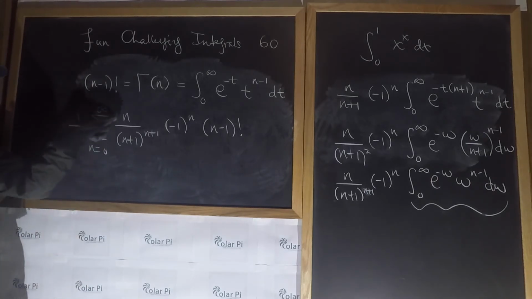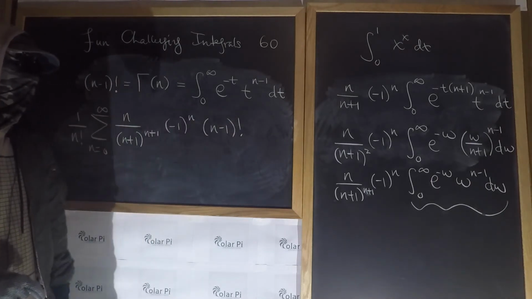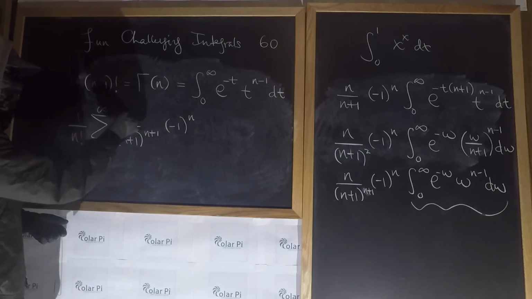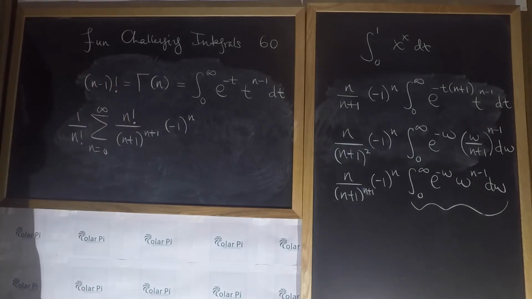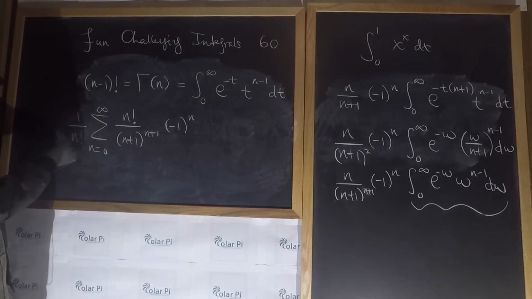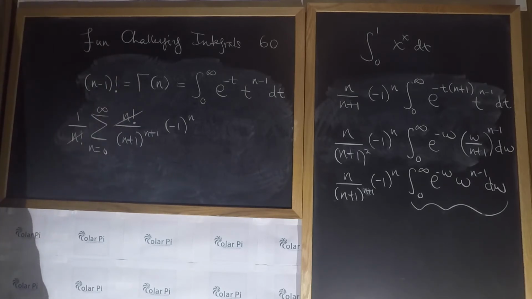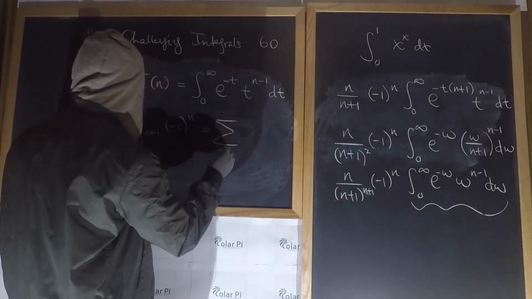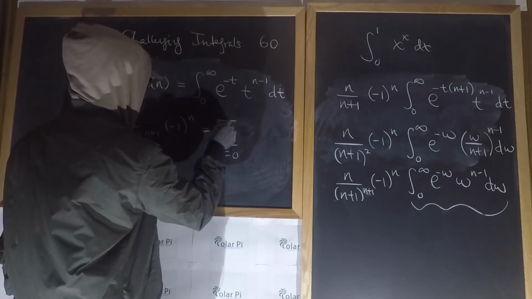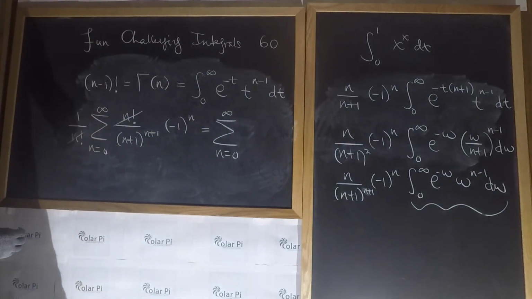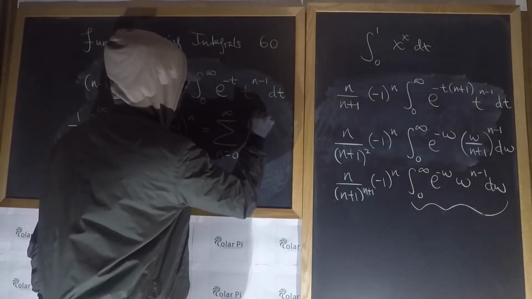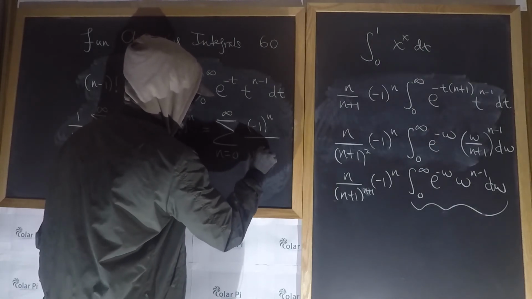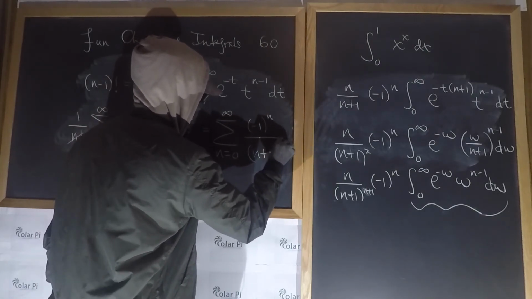Now look here. I have an n here and an n minus 1 factorial. When we multiply them, they make an n factorial. So I could get rid of this and put an n factorial right there. And then I have 1 over n factorial here in front of sigma that we recall. So we cancel there. And so what we have is sigma n equals 0 to infinity, and then negative 1 to the power n, divided by n plus 1 to the power n plus 1.